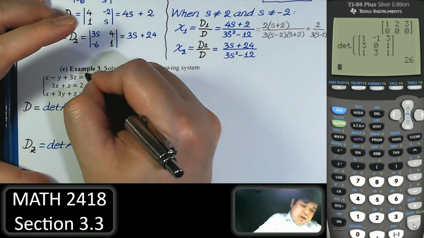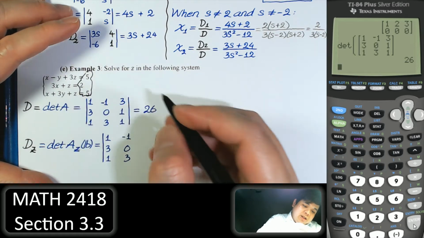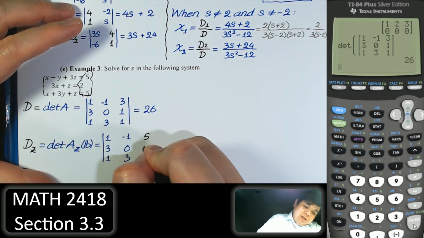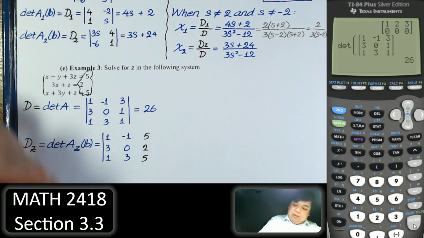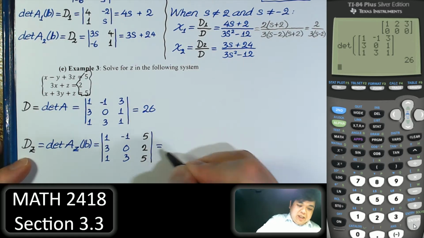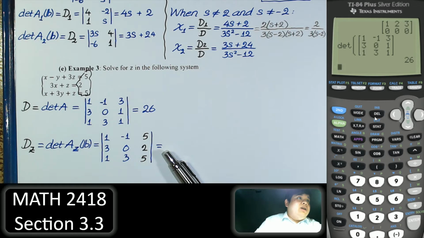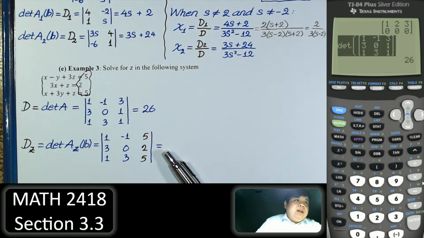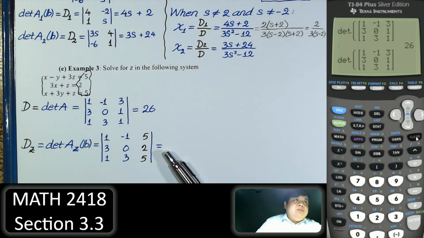Just need to replace the last column here. That gives us the z determinant. So once again, if you cannot go up and hit enter to copy and paste, you can always hit second enter.